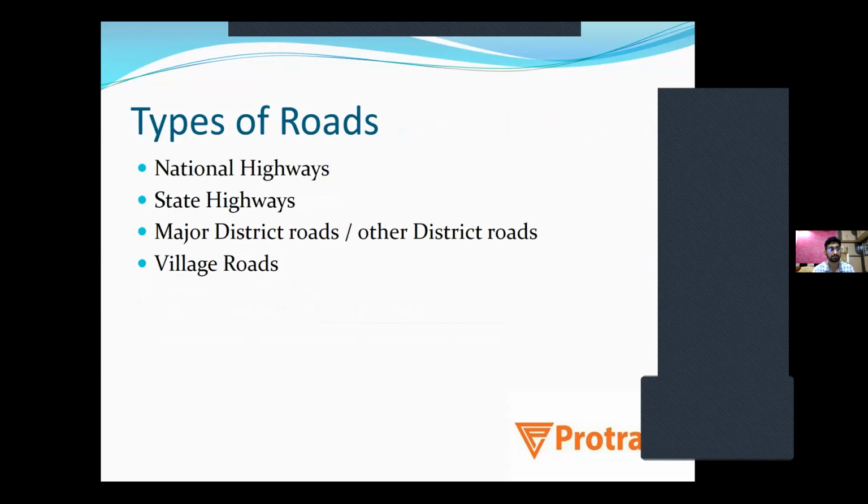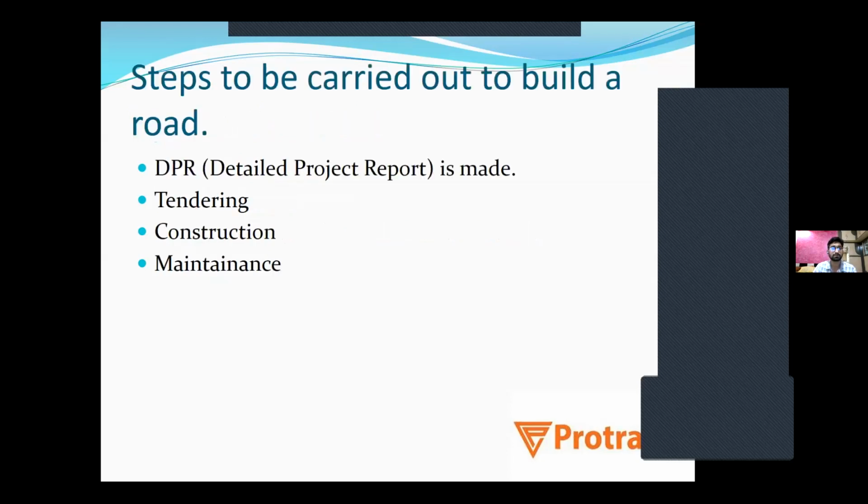Then there are state highways, which connect the major cities along the state, and major district roads, which connect the major towns of districts, and village roads, which connect the villages all over India.